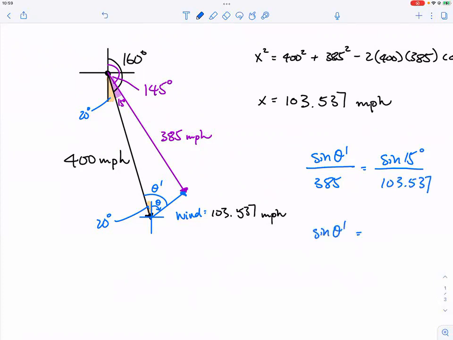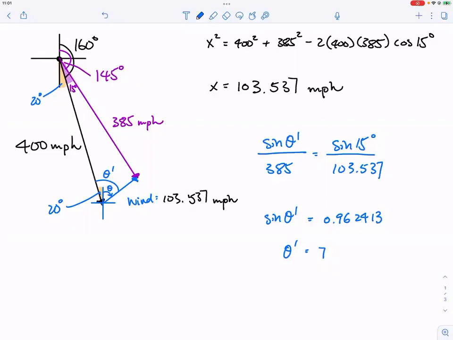So let's go ahead and find out what sine of theta prime is, and then find out what theta prime actually is. Okay, go ahead, take a moment. Use a calculator.